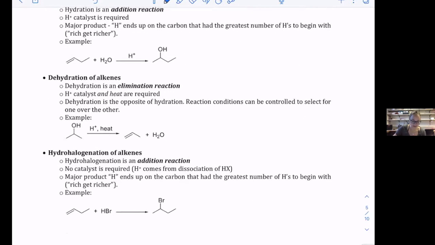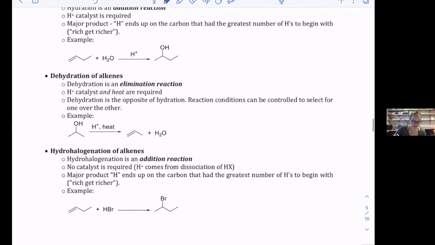Dehydration of alcohols in order to make alkenes. So that's a typo right there. This is called an elimination reaction. You guys don't necessarily need to know that exact phrase, but an acid catalyst and heat are required for this.